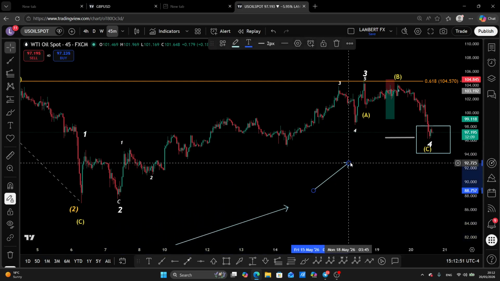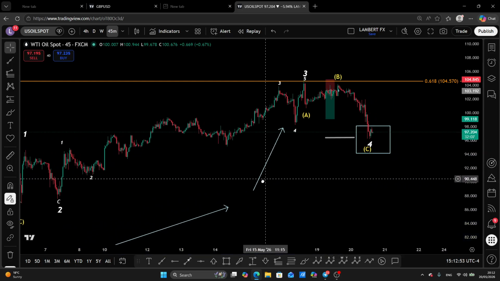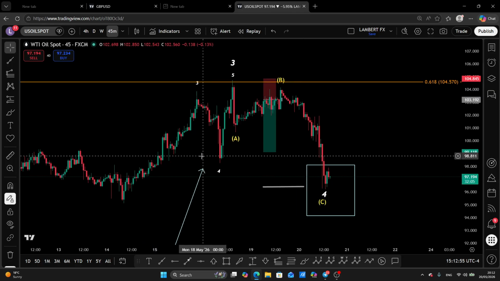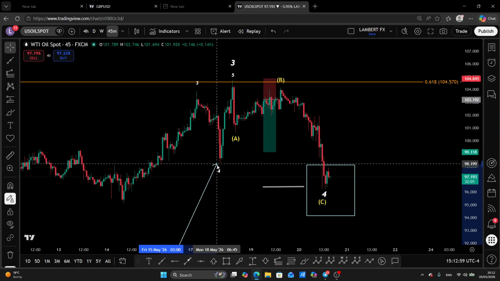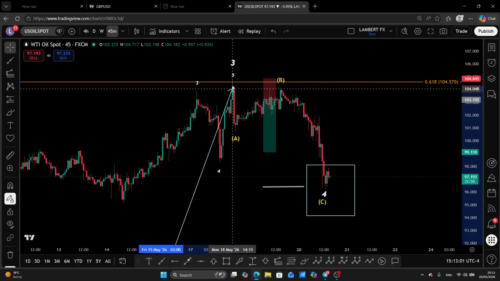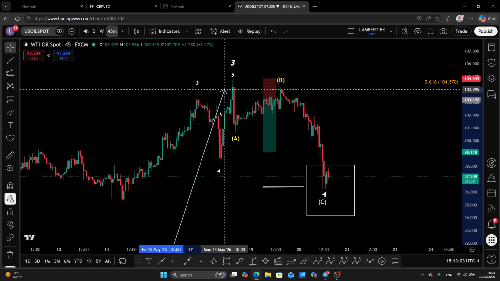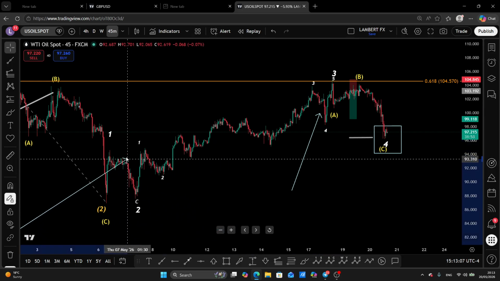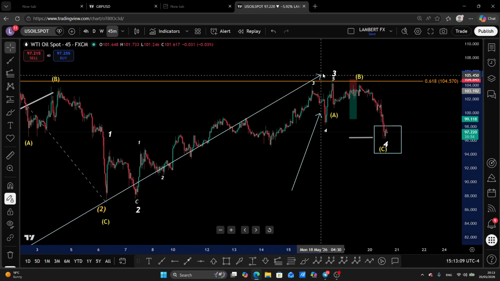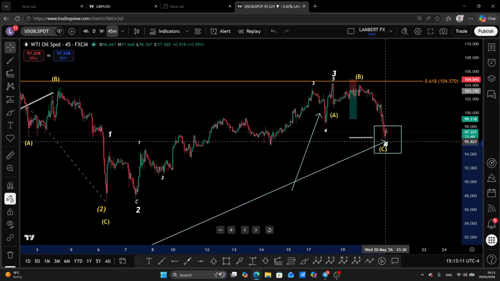I just want to get to where we are currently, where the price is at the moment. So we had a 3, we had a 4, and then we had a 5 for our 3. Okay, so we now have a 1, a 2, and now a 3. So we need a 4.